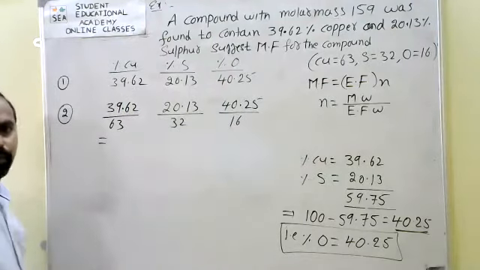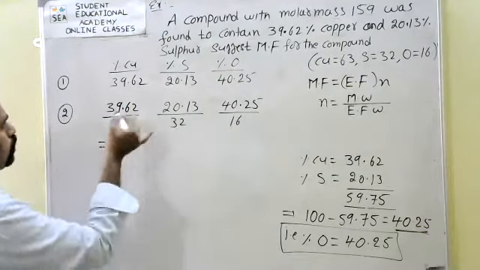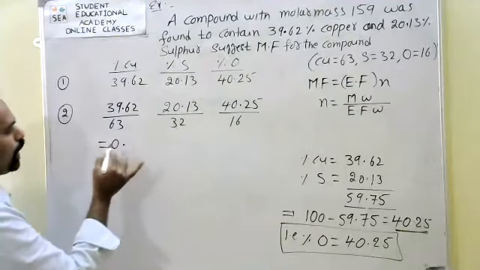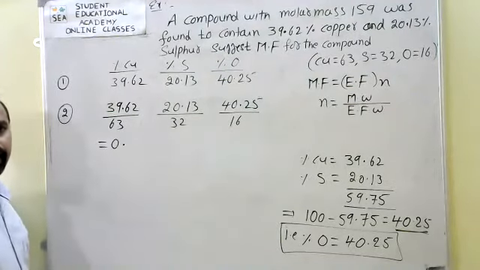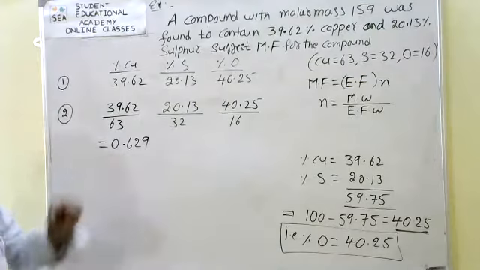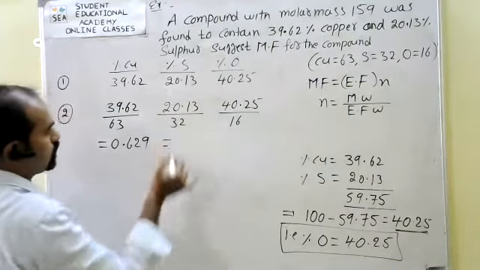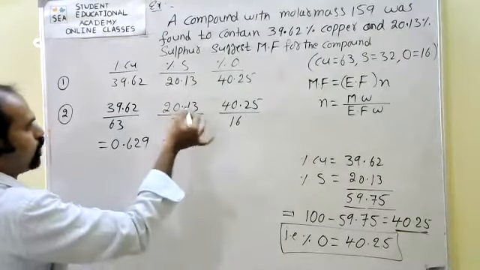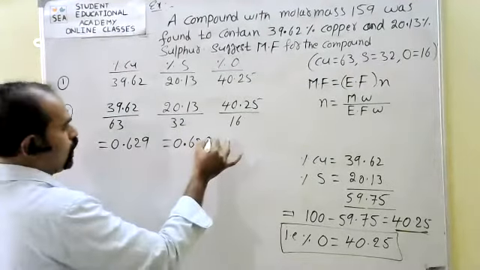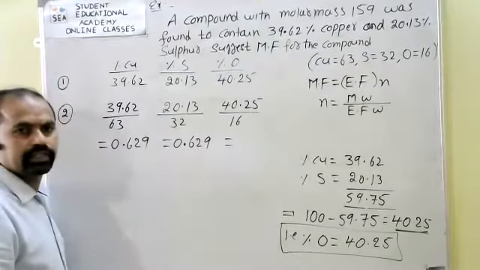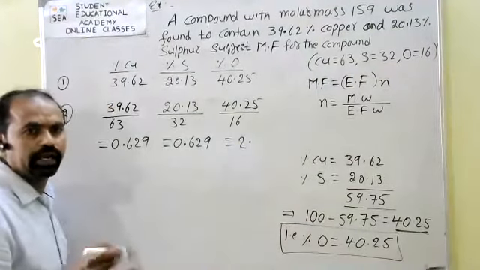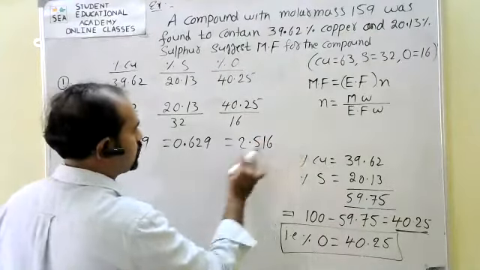When we find the number of moles, 39.62 upon 63 gives 0.629. For sulfur, 20.13 upon 32 is also 0.629. For oxygen, 40.25 divided by 16 is approximately 2.516.